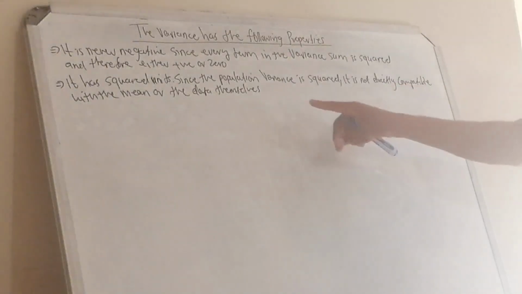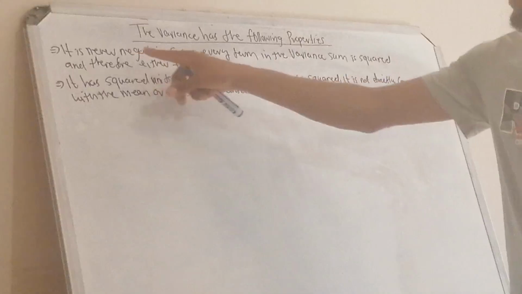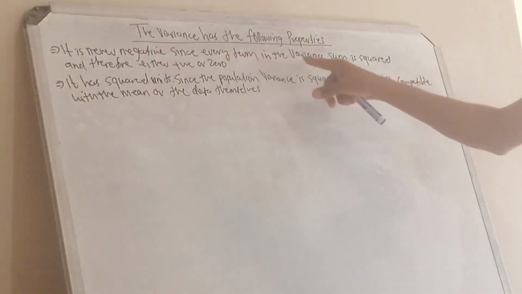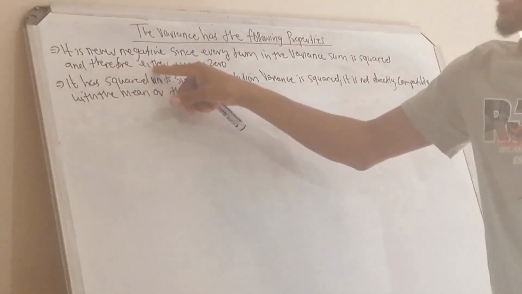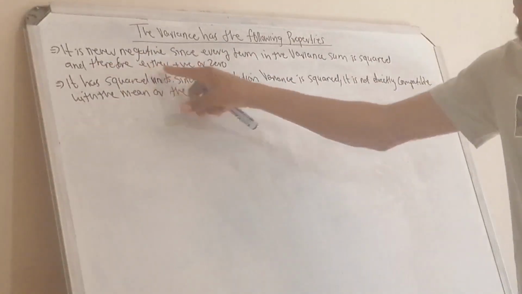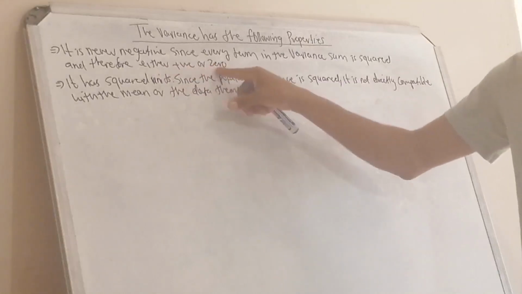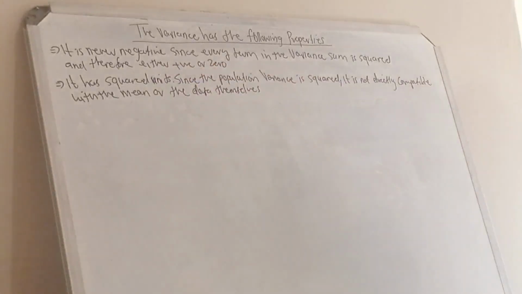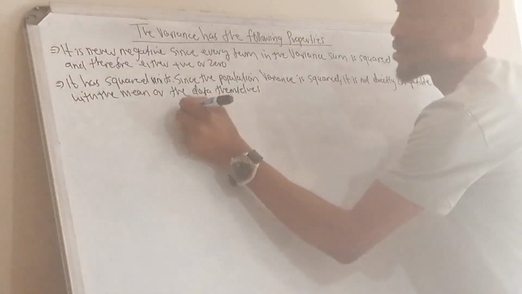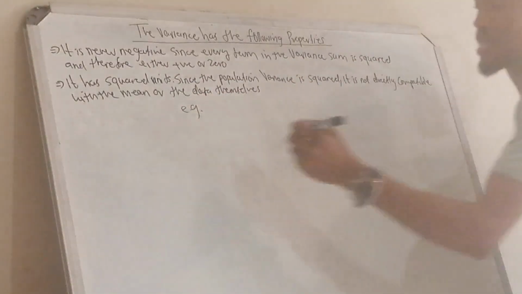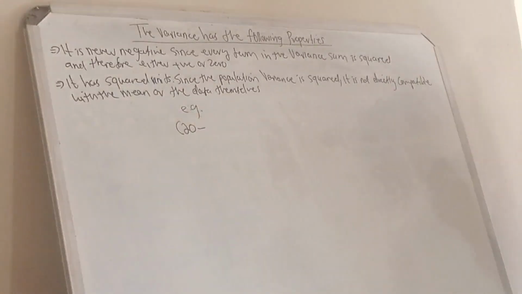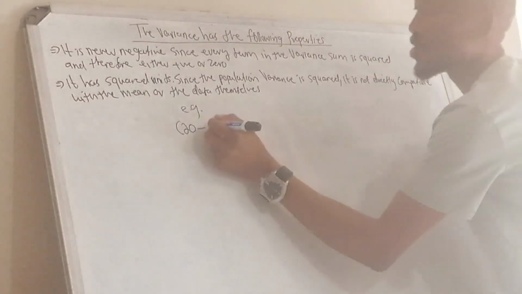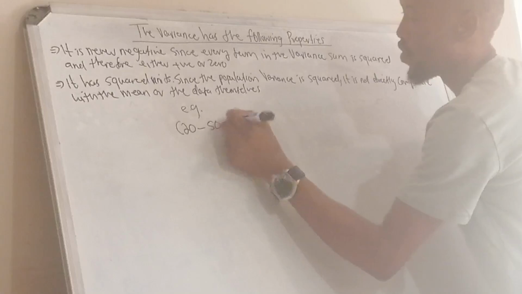Therefore, it is never negative, since every term in the variance sum is squared, and therefore the answer will either be positive or 0. In the data set, the first element is 20 minus the mean 50.4.